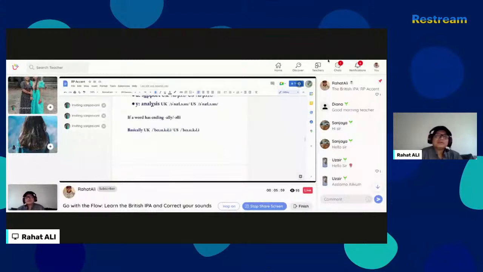So, this word, like basically, and I'm sure there are thousands of words like this one. Physically, not physically. Do not say it the wrong way from today, because you know how to pronounce it correctly. Physically.